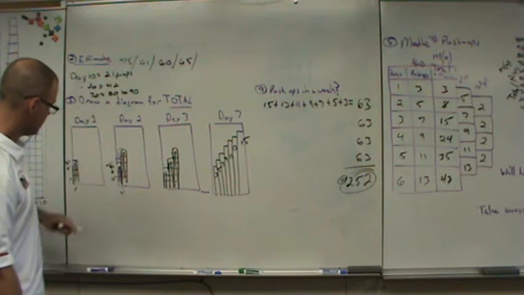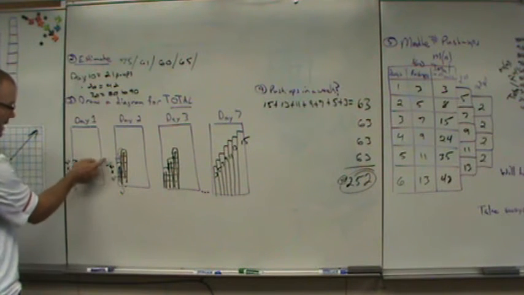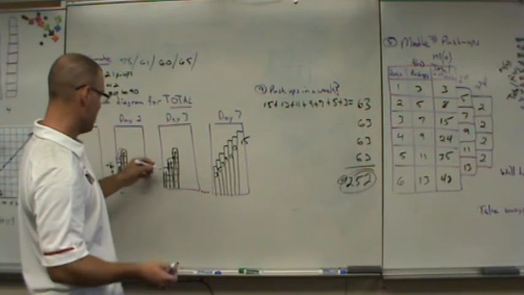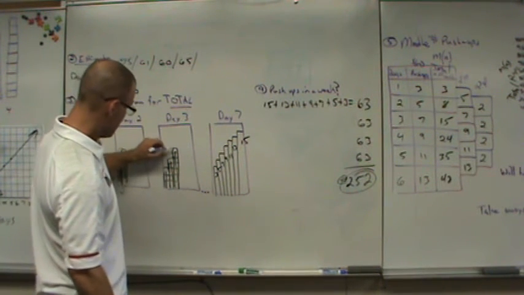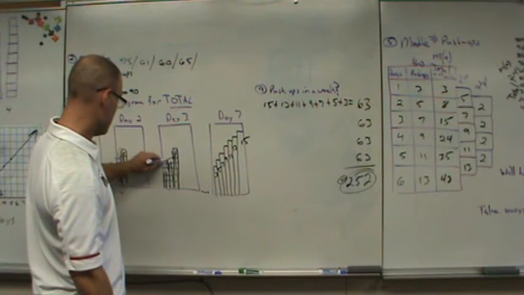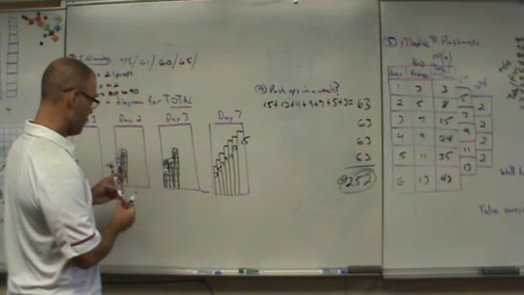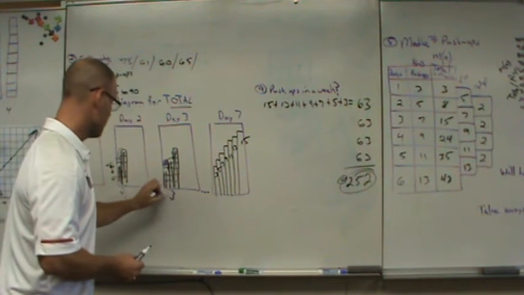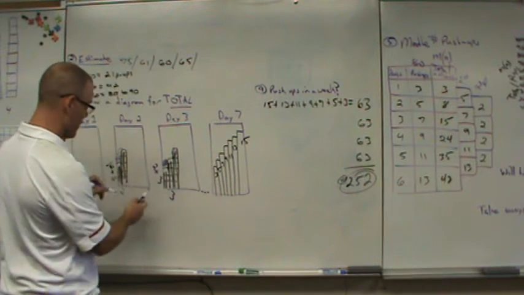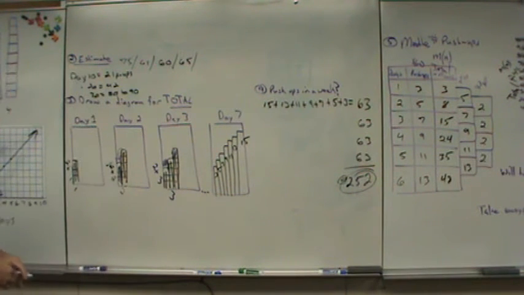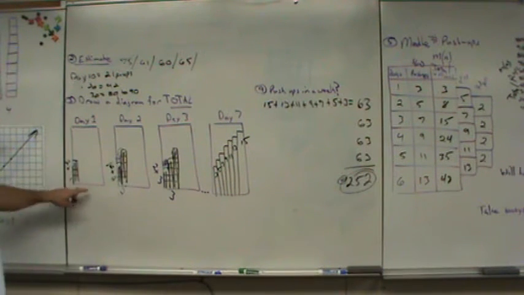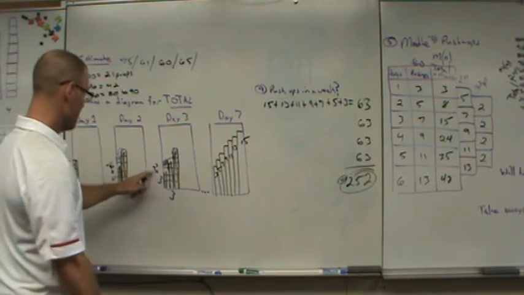It's 2 wide by 2 high plus an extra 2. I can do the same thing with this block, and I'm only going to use the first three. I have 2 blocks here that I'm going to put over here, and this is going to be 3 wide by 3 high plus 2 extra blocks. You can see that pattern is going to continue: 1 by 1 plus 2, 2 by 2 plus 2, 3 by 3 plus 2.